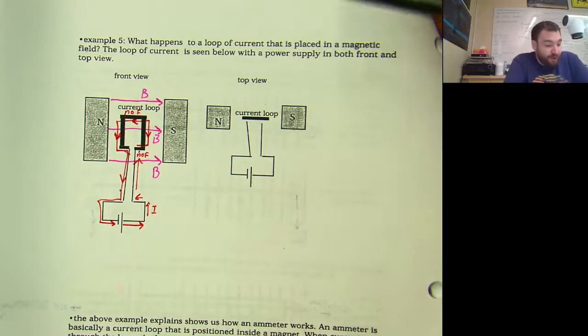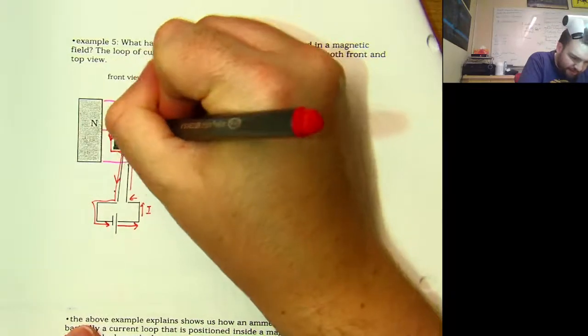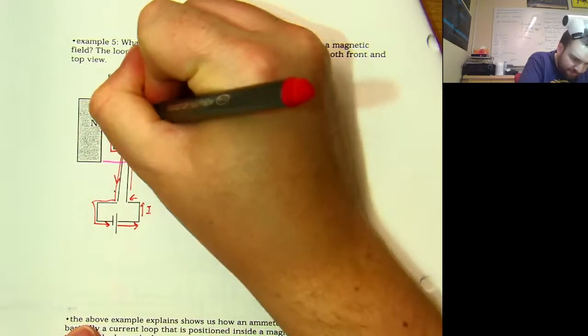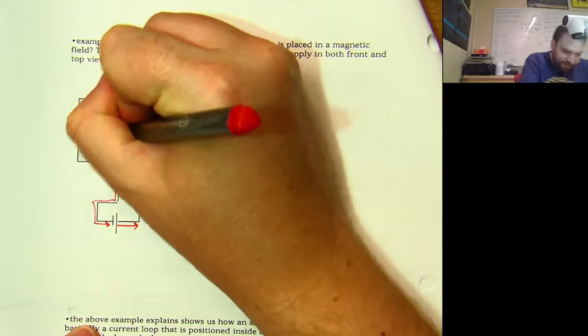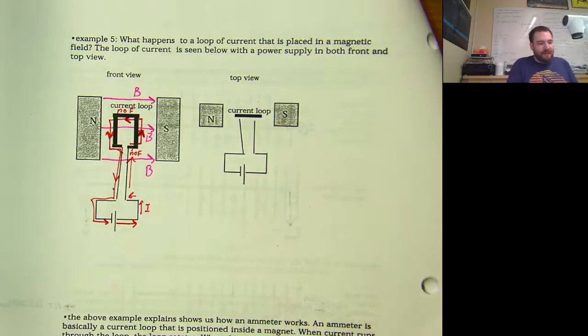So now, if we know that's the direction of the current, that's going that way. That's going that way. There we go. That makes sense. Zach, you were commenting on the direction of the force on those different parts of the loop. It's going to twist.